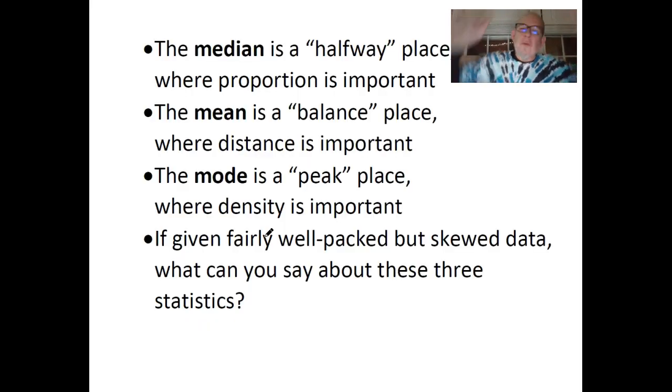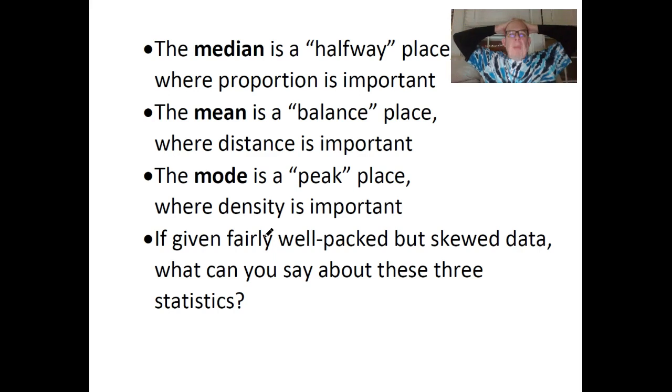So just review. Let's see if we got this. So when we talk about a median, 50th percentile is a halfway place. It's where the idea of proportion and count is important. When we talk about mean, it's the classic kind of averaging of your grades where everything's added together and divided by the number.